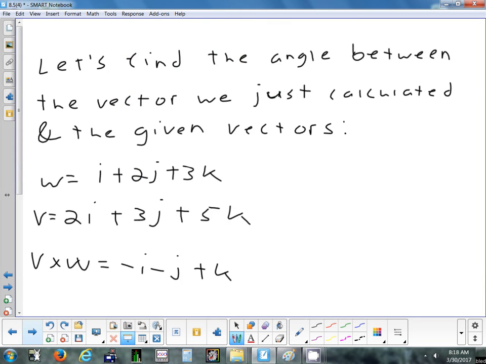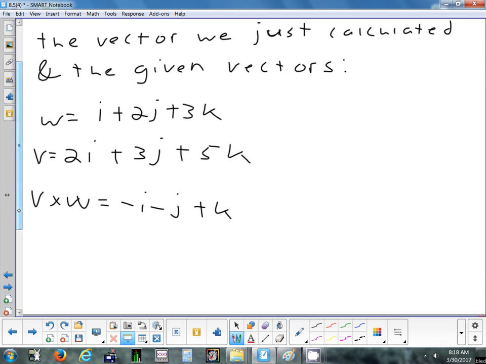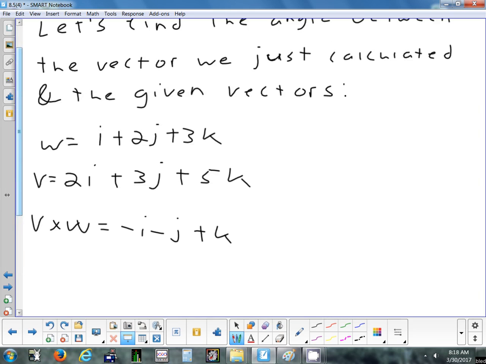Now, what I want to do is look at something else. Okay, somebody mentioned something about perpendicular, and I said I'd come back to that. I want to take what we got for V cross W, and I want to see what the angle is with the cross product and the original vector. Okay, I want to look at that angle.